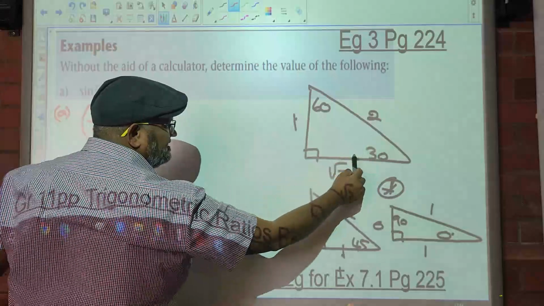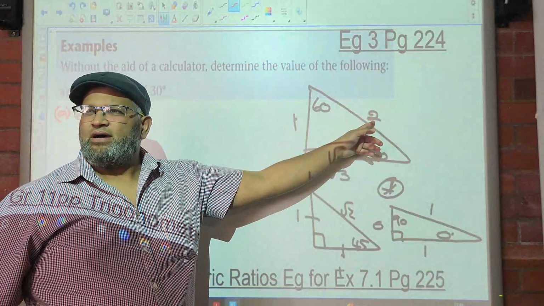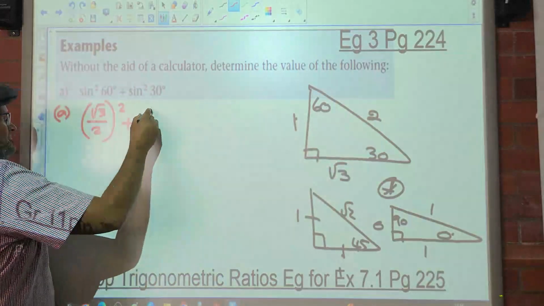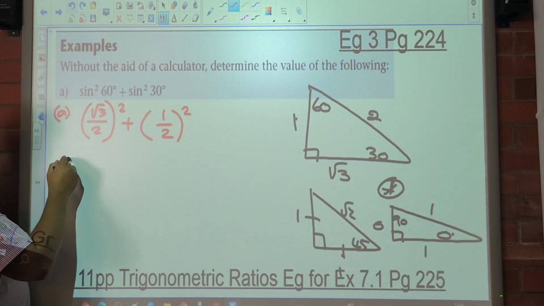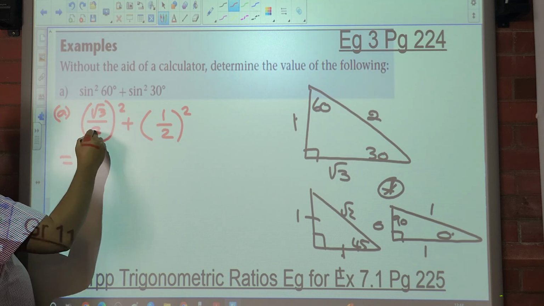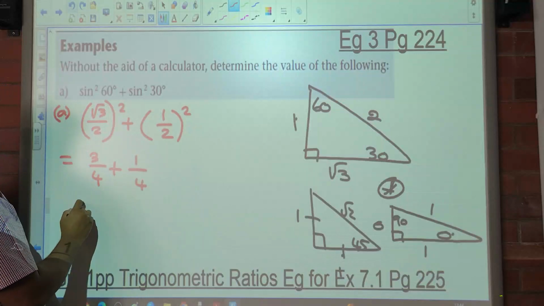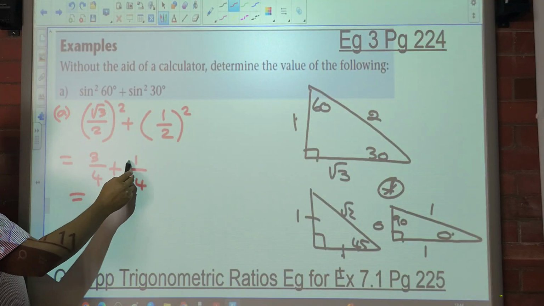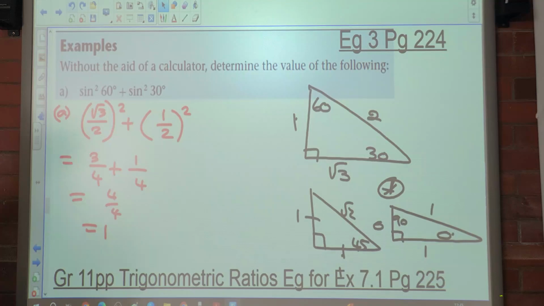This is your 30 degree angle. What does sine stand for? Opposite over hypotenuse. Do you see that? So it's 1 over 2. So what's the root of 3 squared? 3 over 4 plus 1 squared is 1, 2 squared is 4. 3 plus 1 is 4 over 4, which is 1. Now you guys understand? So any confusion there?